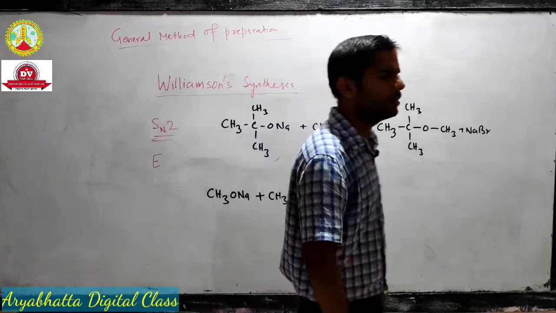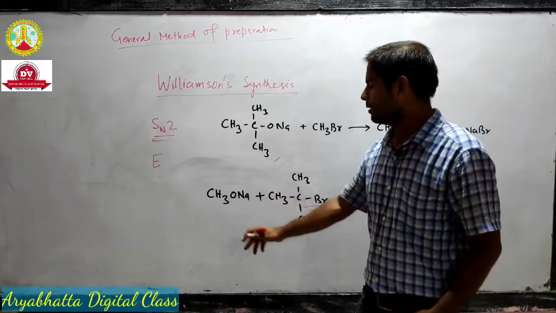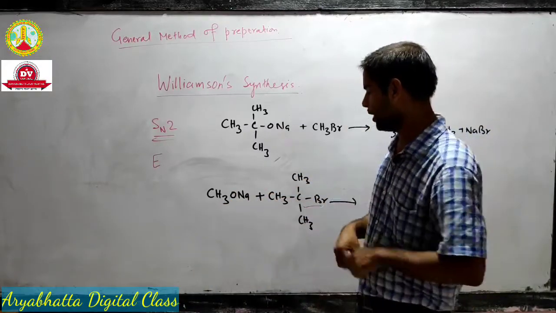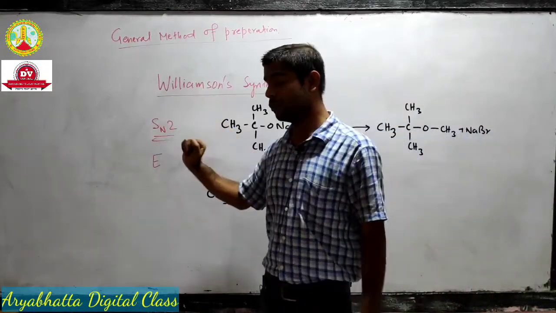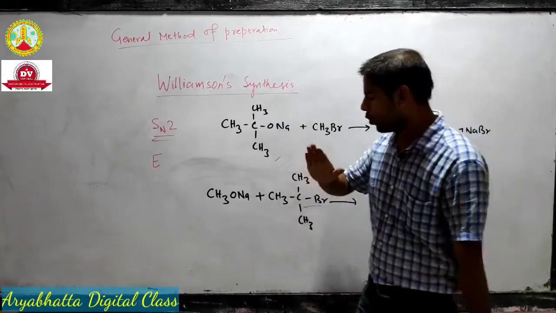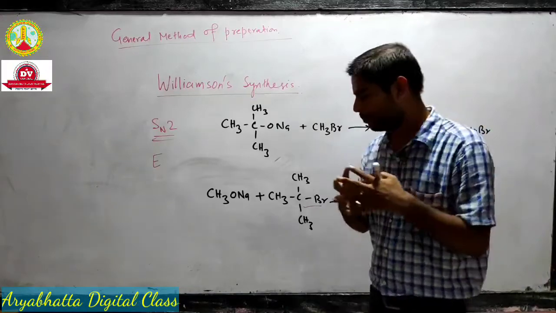Now, in this reaction we know that alkoxide ions are highly basic, and the backside attack is not possible. So what will happen?